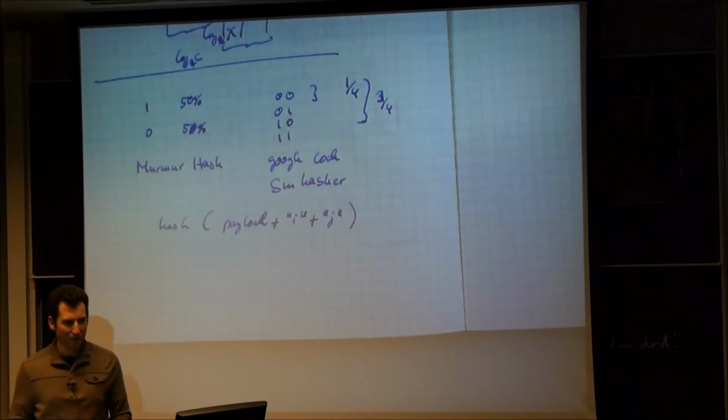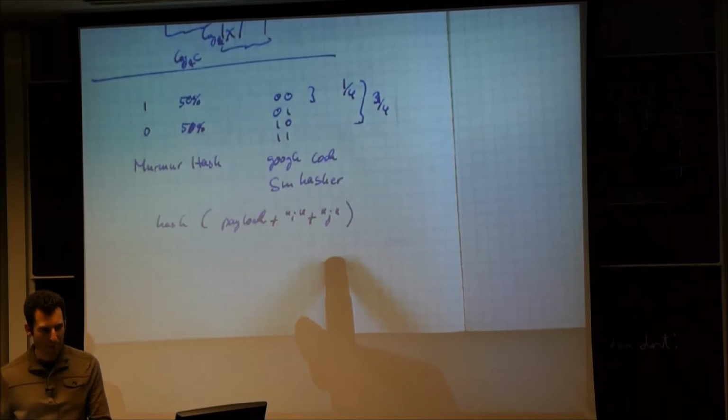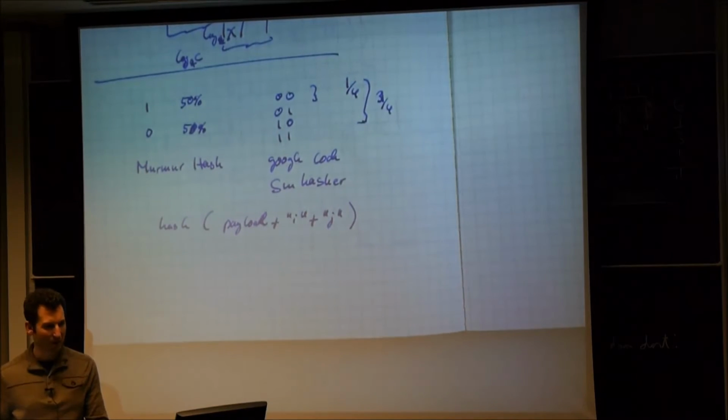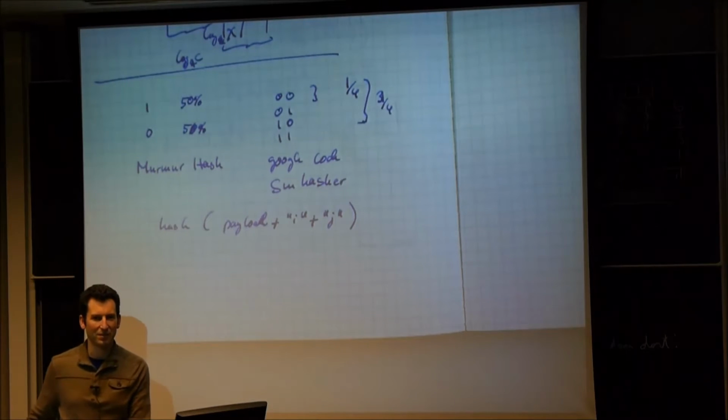Does it make any difference whether I put the i and j as a prefix or as a postfix? Is there any difference? Who thinks there's no difference? Okay. Who thinks that there is a difference?